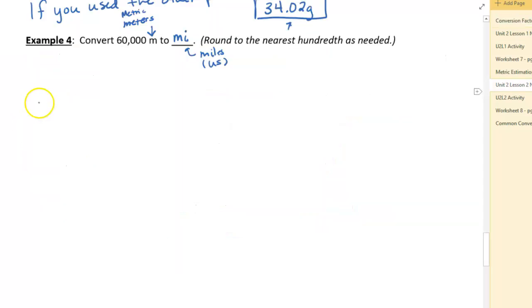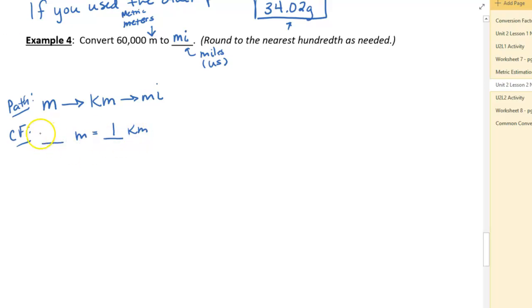So I'm going to go from meters, remember, to kilometers. Then I can use my conversion factor bridge to go from kilometers to miles. So my conversion factors are going to be, first I need one that relates meters to kilometers. Remember, kilometers are bigger, so it gets the 1.